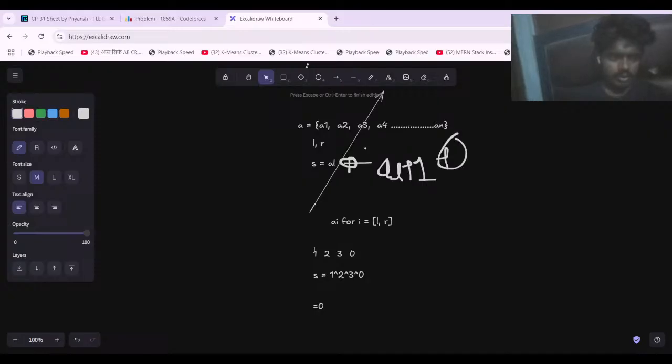Every number in this range I took while zeroing becomes 0. So effectively you can say that the whole array is turned to 0. So I can just drop this.